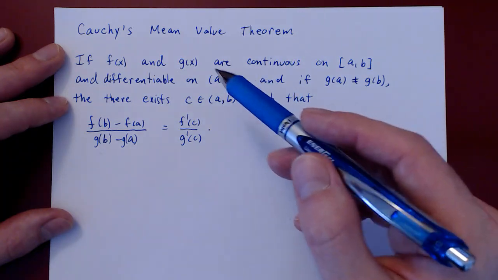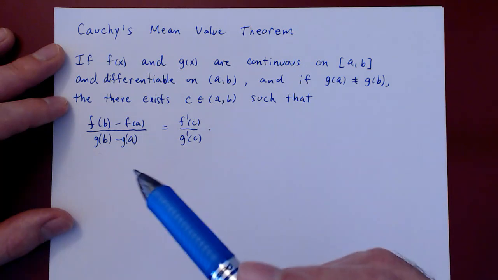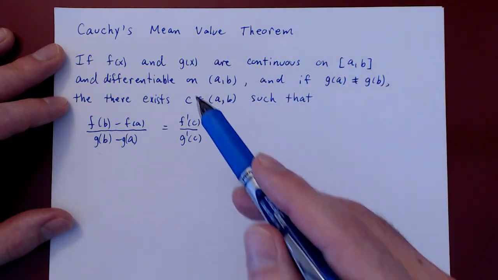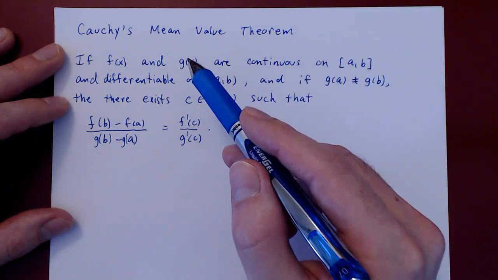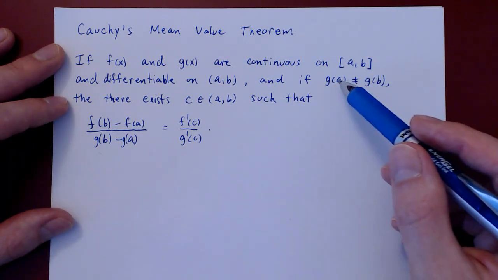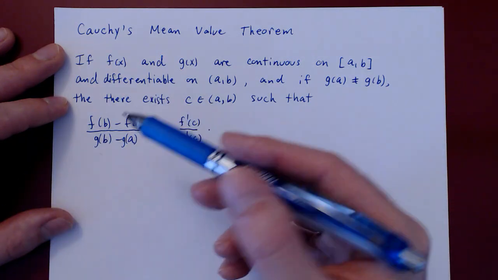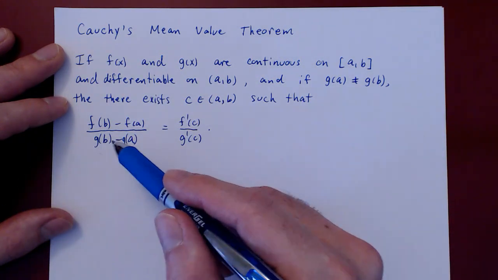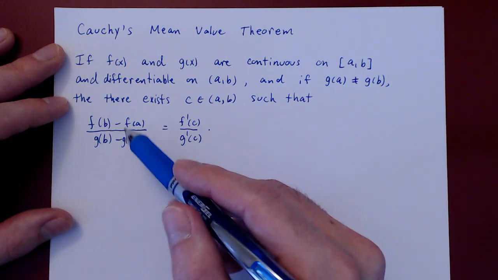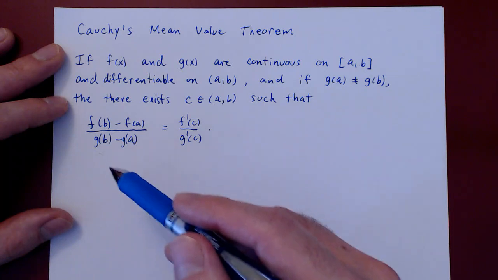And you can see why this result is an extension of the classical mean value theorem of differentiation, right? If g of x is equal to x, then a and b are different, as g of a is a and g of b is b. So on the left-hand side we recover f of b minus f of a over b minus a.